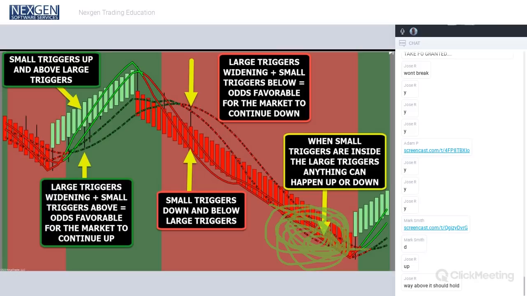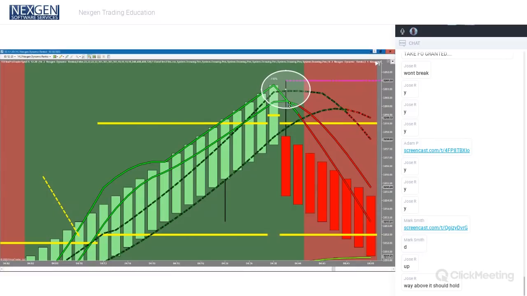Everybody understand that? Something on the small chart is going to terminate your trend when the triggers come together. And you can't see it on this chart here, so you have to study it on your other chart so you know what it was.